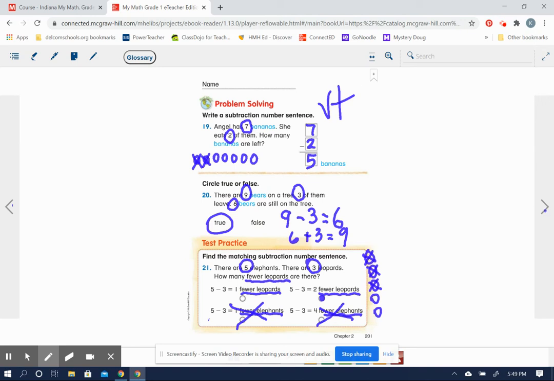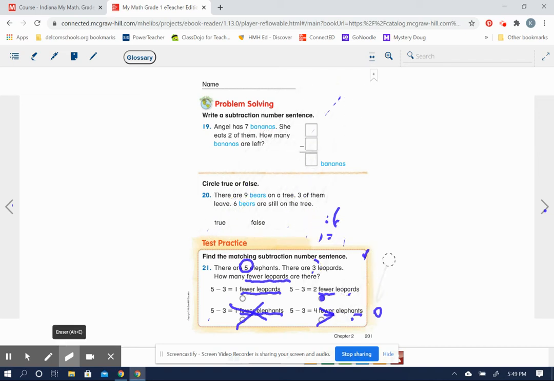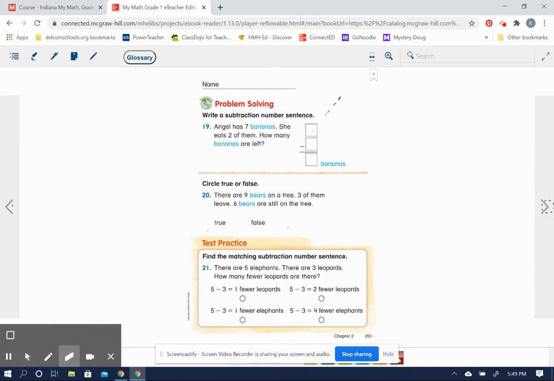Oh, I forgot to erase. Okay. And so we have another page, I believe. Let's see. Come on. Oh, I'm still in the erase because I guess I missed that little spot.